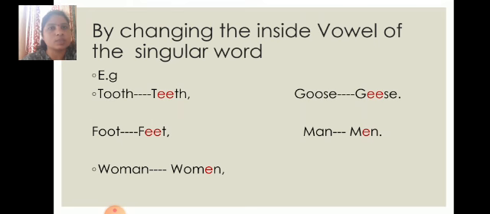So it becomes tooth, teeth. Foot, feet. Woman, women. Goose, geese. Man, men. All these words have vowels. So we add e, double e or e in plural form.